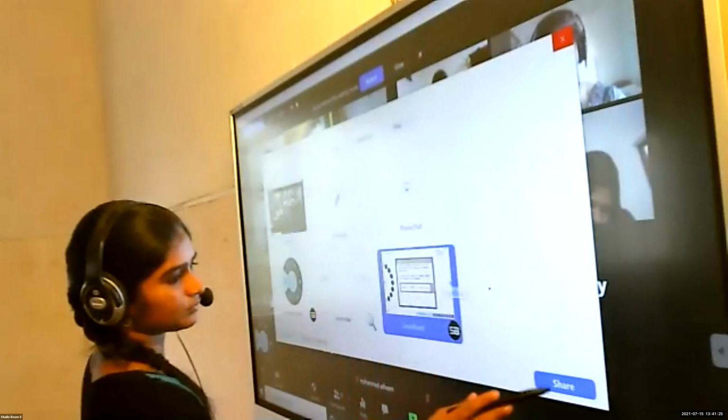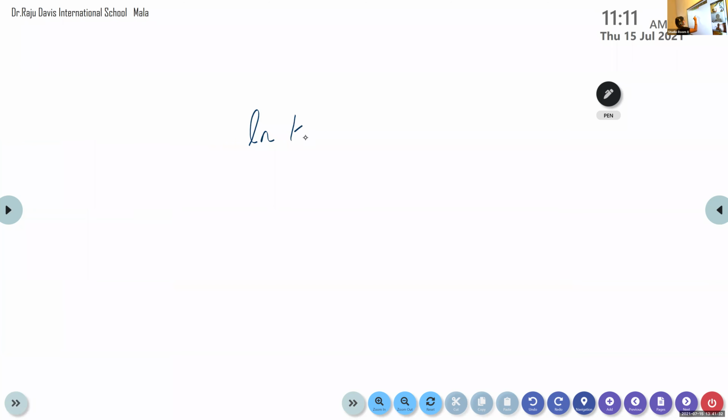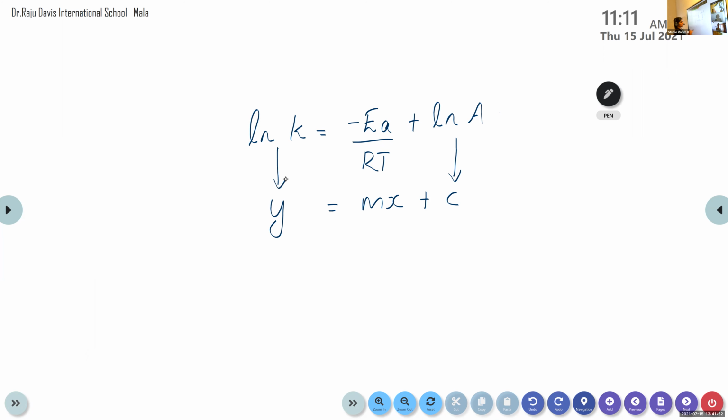Here ln K is y, ln A is c, and x is considered as 1 by T. Then m equal to minus Ea by R.